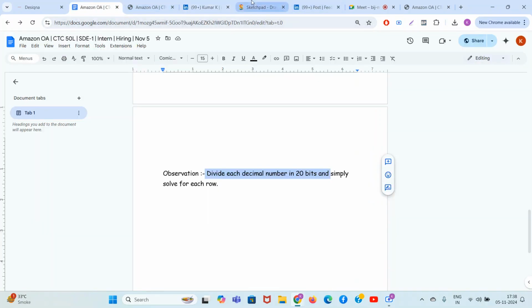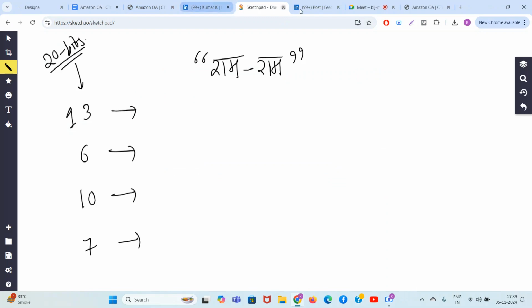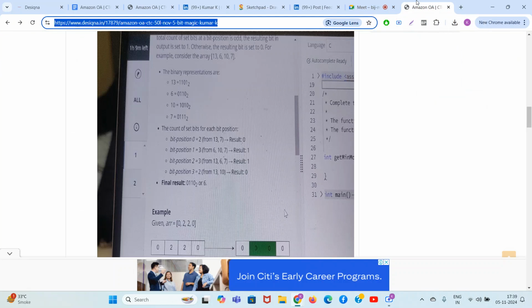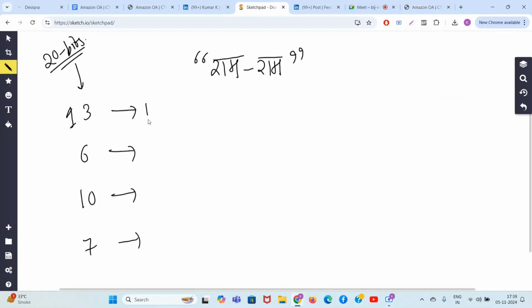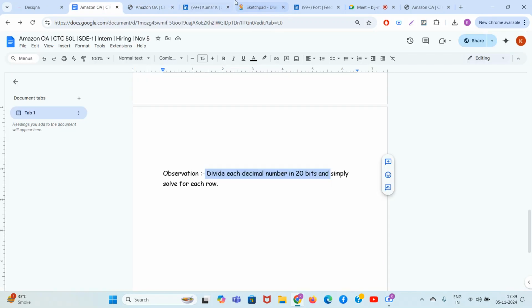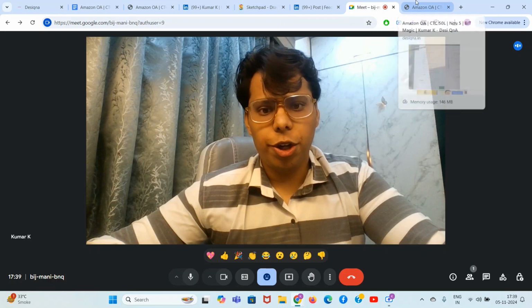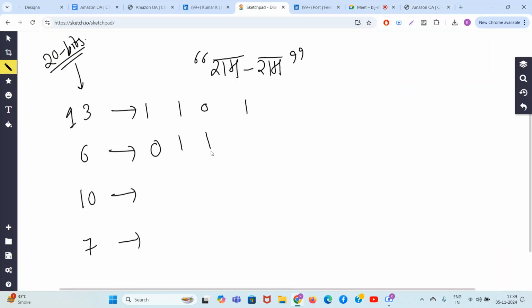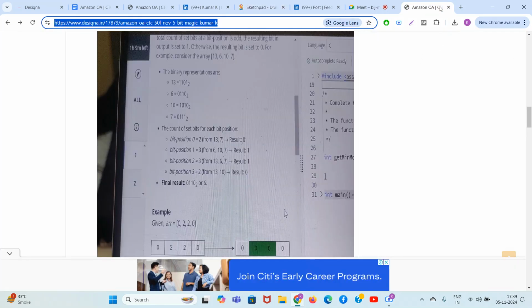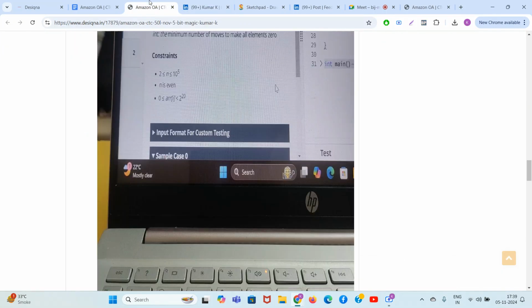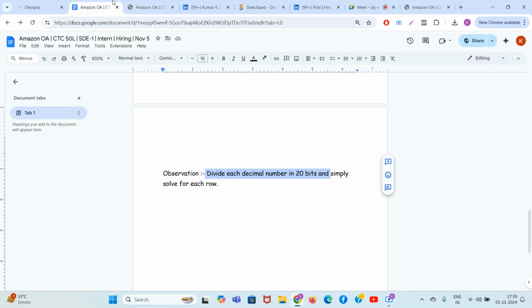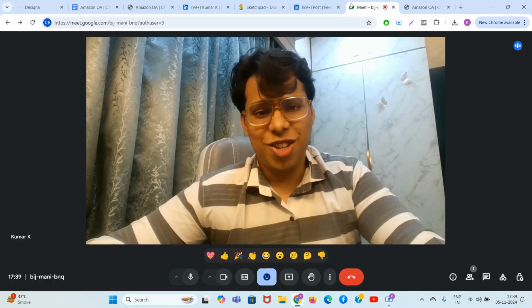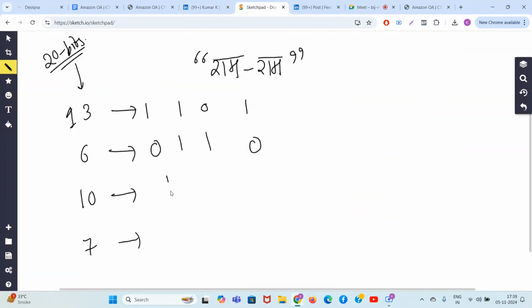Now, so guys, now what will we do? Okay, so I am dividing it into bits. How does 13 look like? 1101. 6 looks like 0110. 10 looks like 1010.